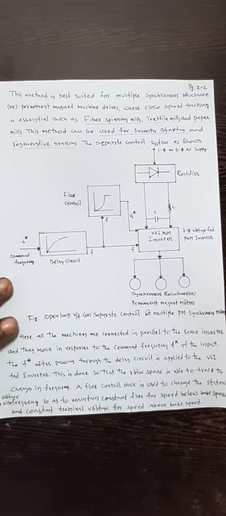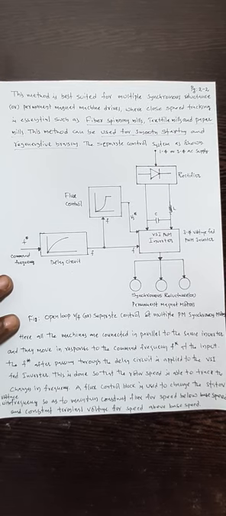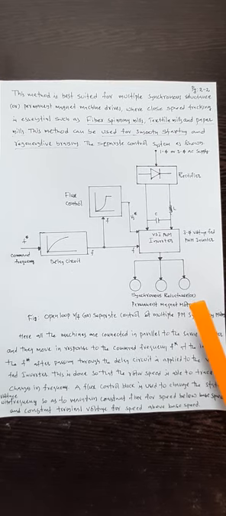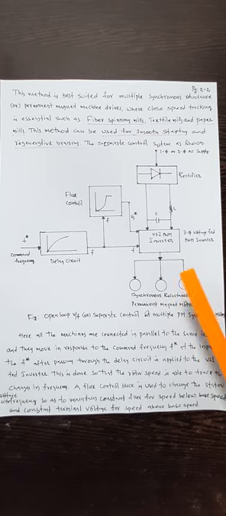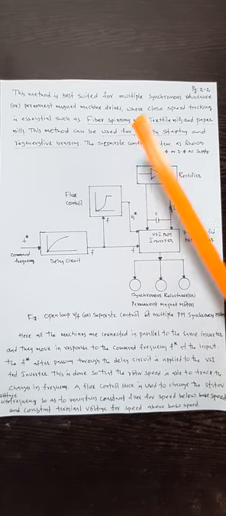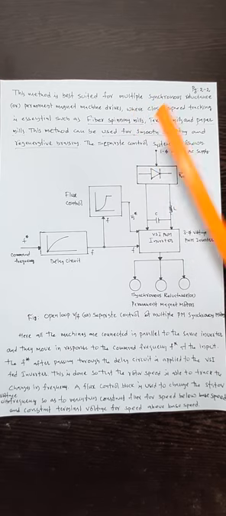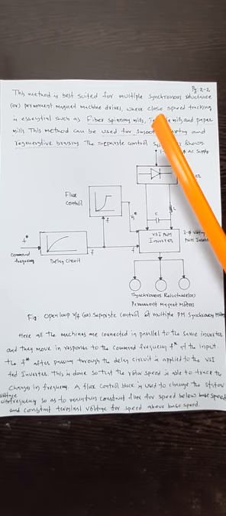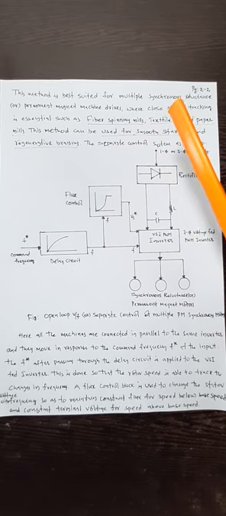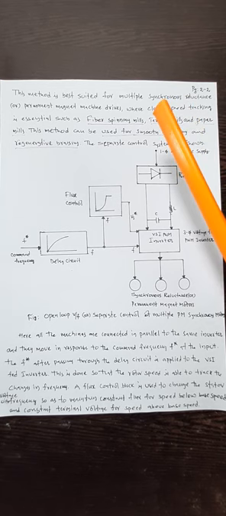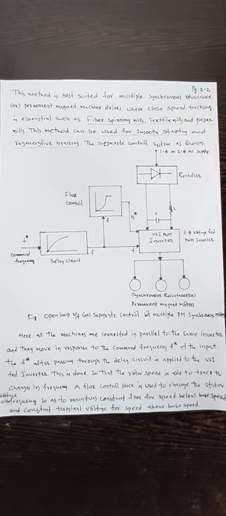This method is best suited for multiple synchronous reluctance or permanent magnet machine drives, where a group of motors is necessary. For example, in spinning mills or textile mills, while giving the threads, a number of motors are working in parallel.